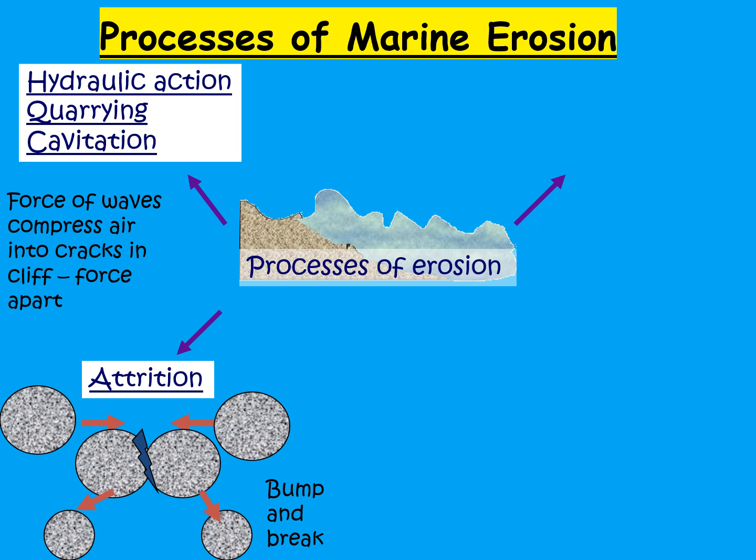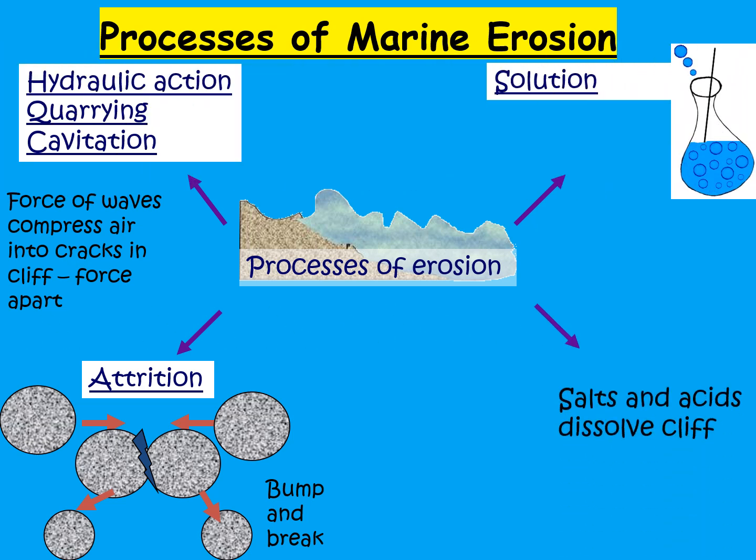So you've got hydraulic action causing erosion, and that can be highly effective and do a tremendous amount of erosion to the cliff face. Cavitation is more about air bubbles, and again, I'll wait to the next slide to show that.